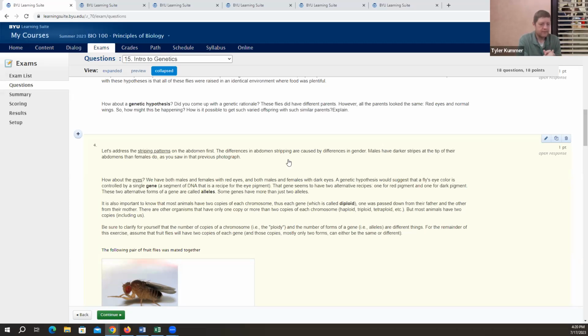So for example, we could think of a gene, a segment of DNA, as the recipe for a cookie. And I can have an allele that calls for chocolate chips to be put into the cookie. So the gene gives me the cookie, then I have the form that gives me chocolate chips.